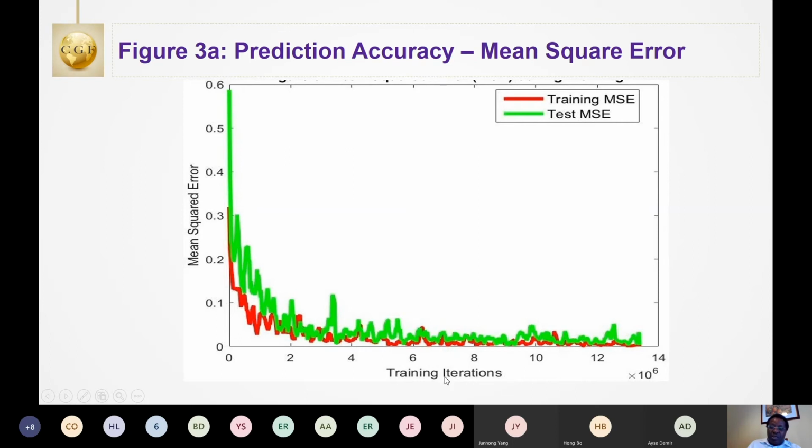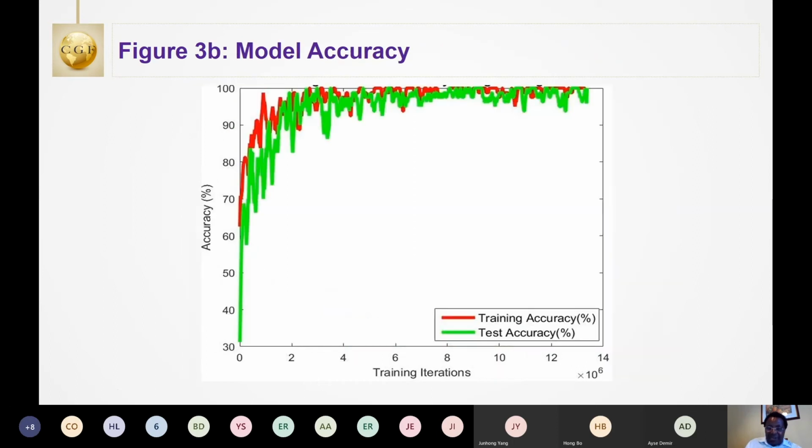As you increase the training iterations, the mean square error actually reduces, showing the high predictive accuracy of our model. You can even capture the accuracy in terms of the model itself. And here you have the highest accuracy after so many training iterations, almost 100% accuracy.